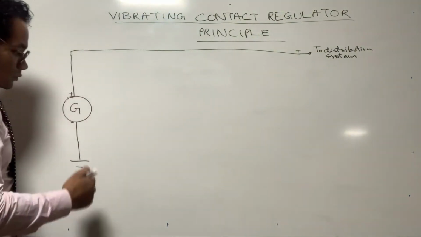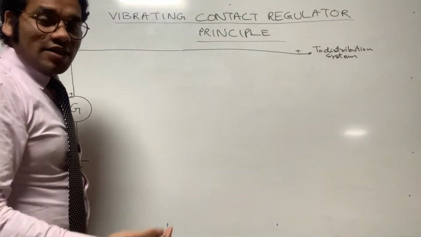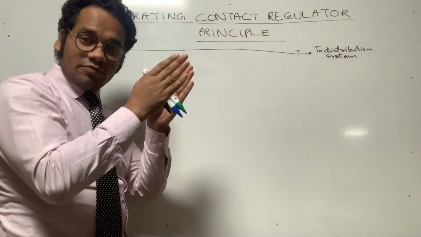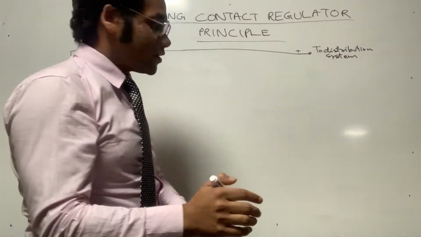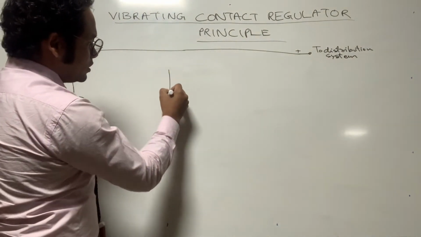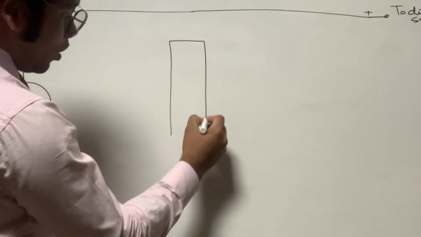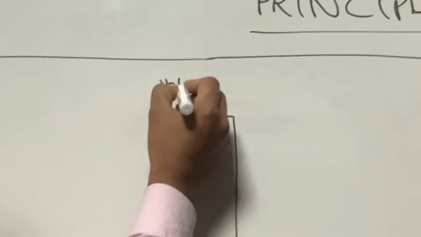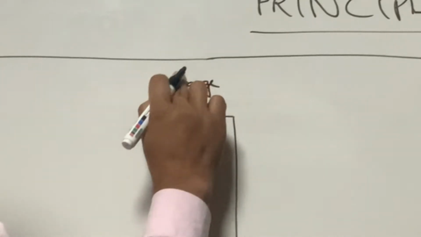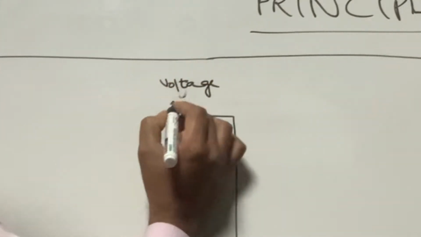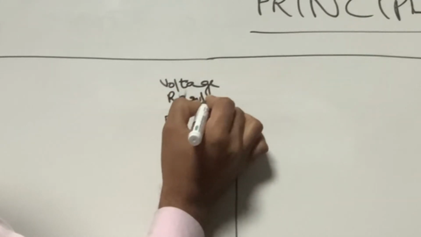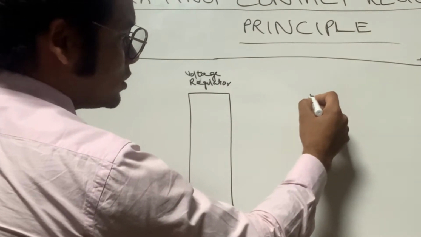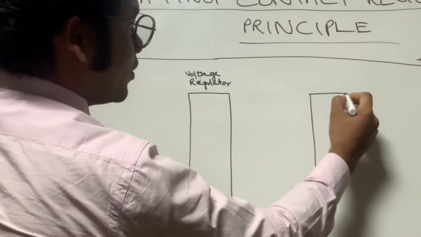Now in this, how is the regulator connected? In the vibrating contact regulator there is a voltage regulator and a current regulator. Suppose this is the core of the voltage regulator, and suppose this is the core of the current regulator.